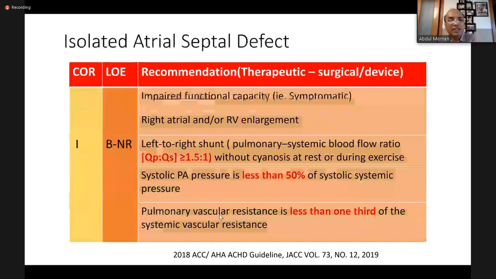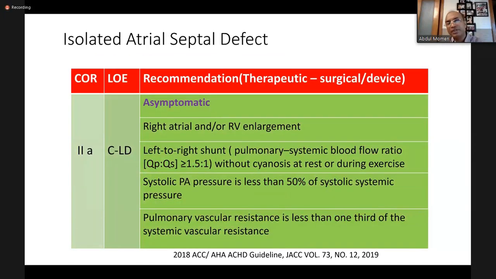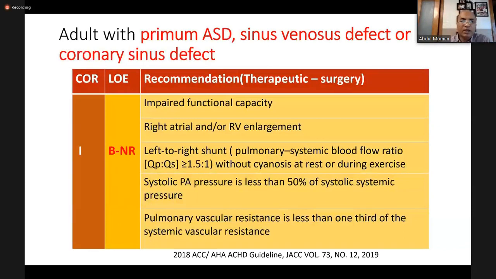Impaired functional capacity, RA and RV enlargement, QP/QS more than 1.5:1, systolic PA pressure less than 50% of the systemic pressure, pulmonary vascular resistance less than 1/3. Here, this is an adult with primum ASD, sinus venosus defect, or coronary sinus defect.